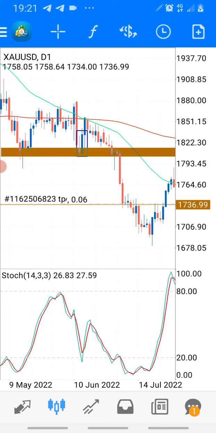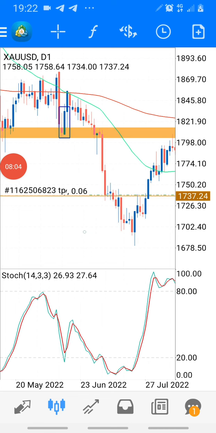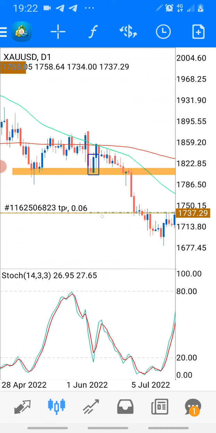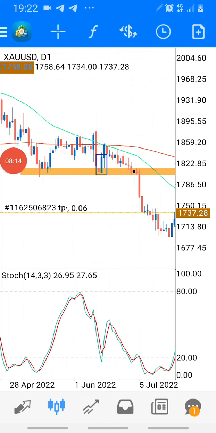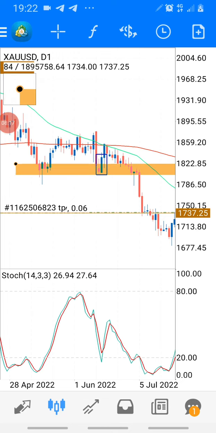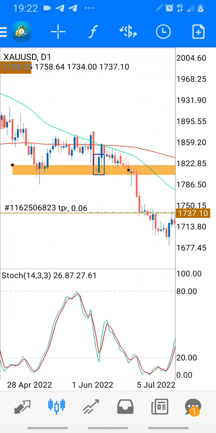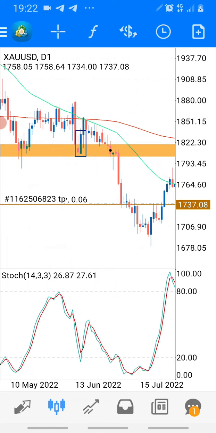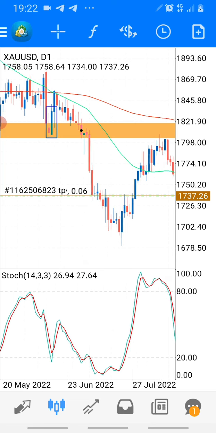When you watch out for this very zone, this very level, you can see that after the formation of the double bottom, the market moved a little. You understand? After the engulfing candle here, the market moved a little and immediately reversed.